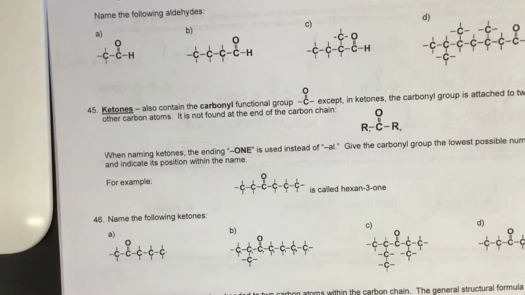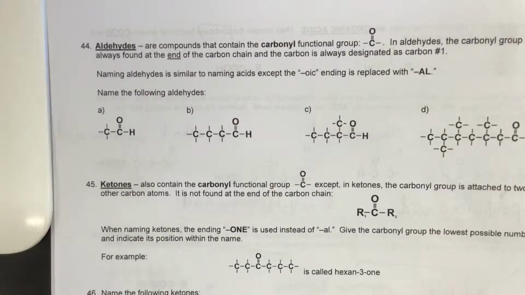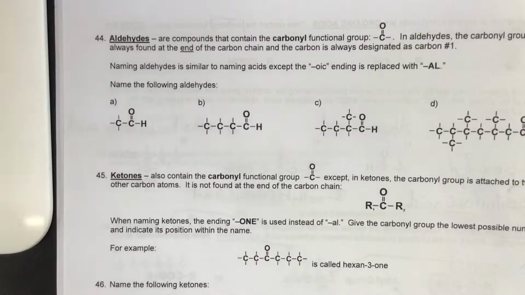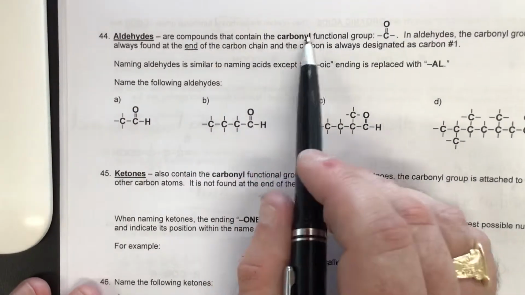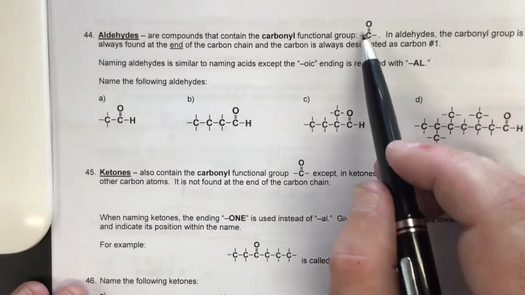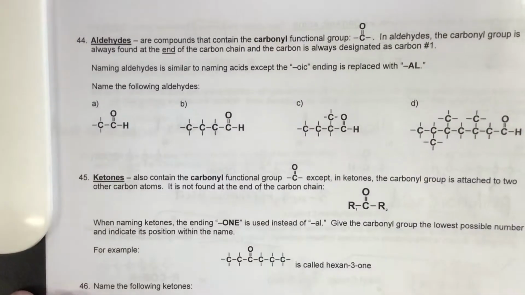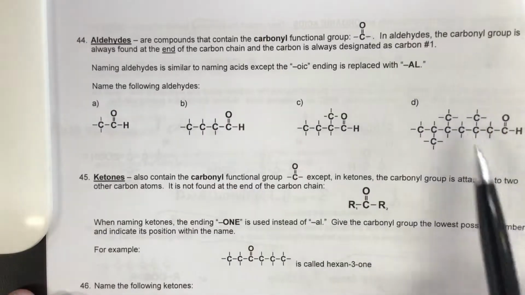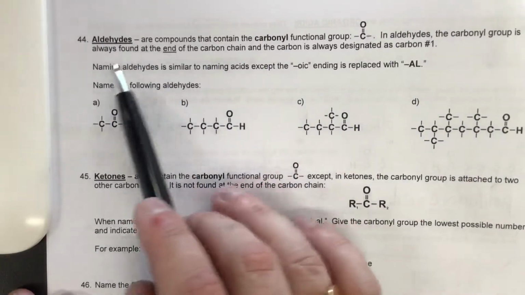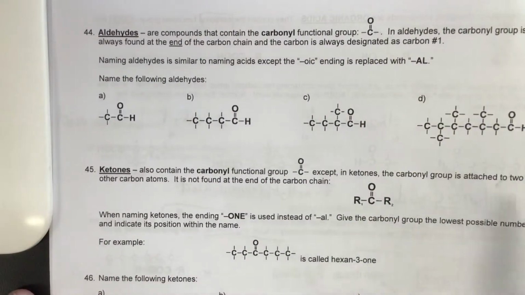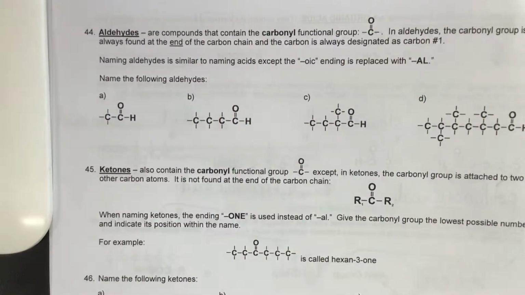Okay, your next group you need to worry about is called the aldehydes. An aldehyde. So an aldehyde has a carbonyl functional group. So that's a carbon double bonded to an oxygen. Okay. In aldehydes, the carbonyl group is always, and this makes it easy, always found at the end of the carbon chain, and so this helps you with numbering it.